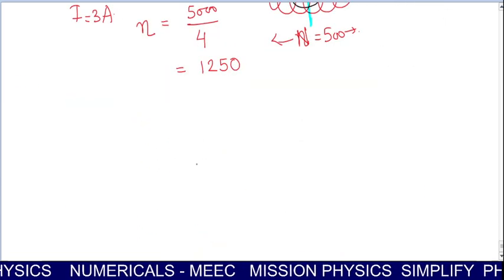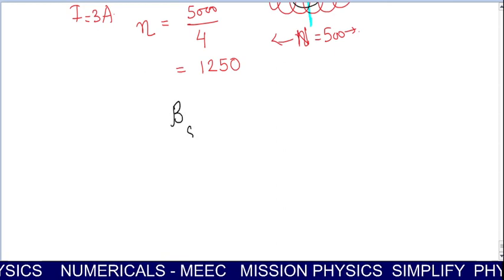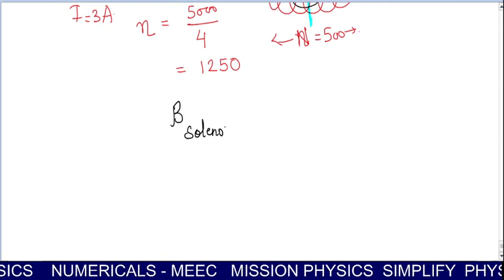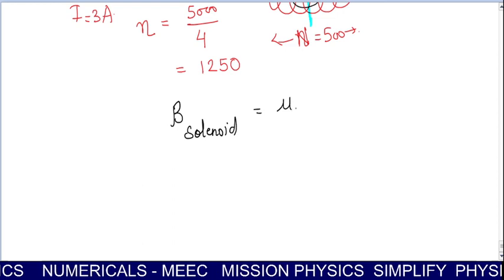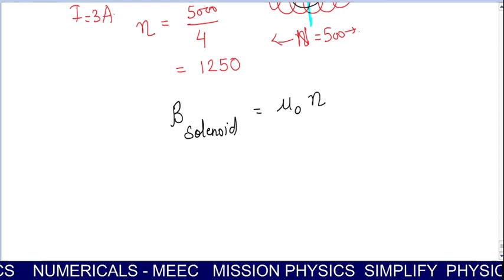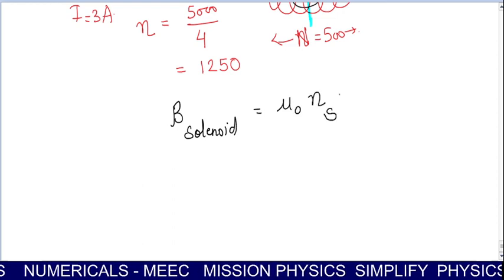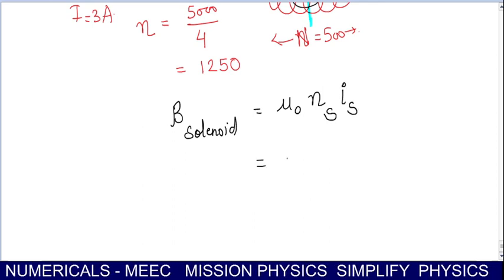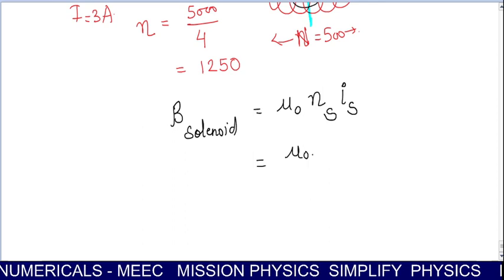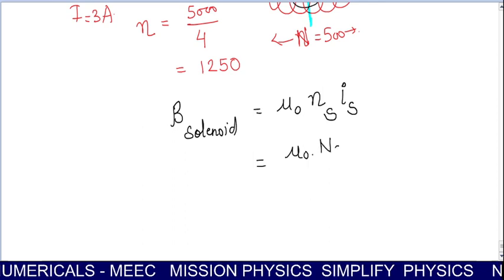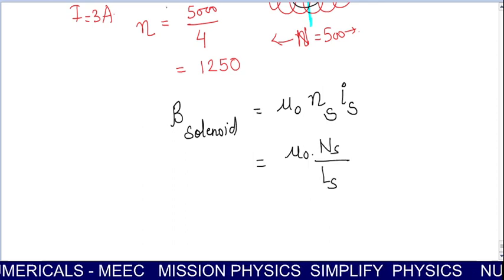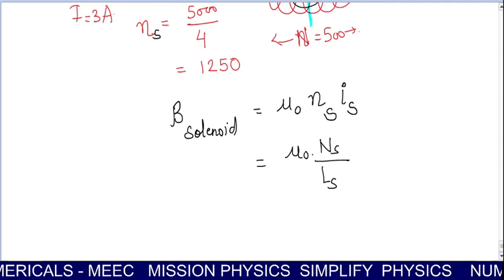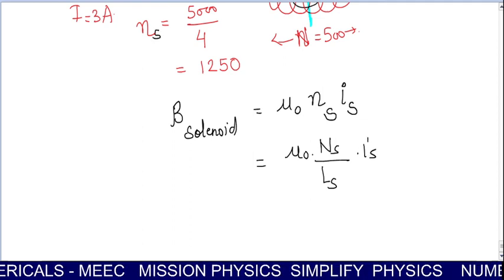So first we will find the magnetic field produced by the solenoid, which is equal to mu naught into the number of turns per unit length in the solenoid into the current in the solenoid. So this is mu naught into ns divided by ls, which we have already found, this is ns into Is.